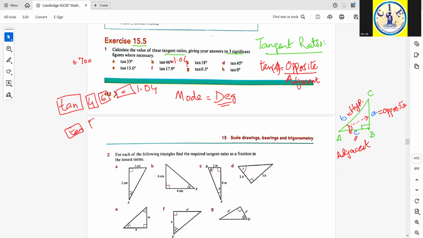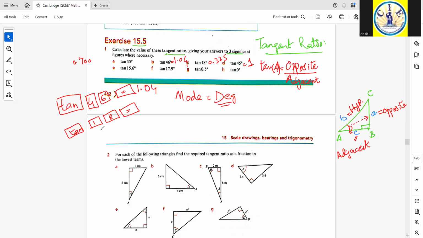tangent of 18 degrees, that would give us 0.325, correct to three significant figures. Tangent 45 is 1.